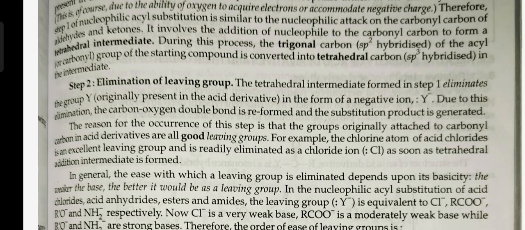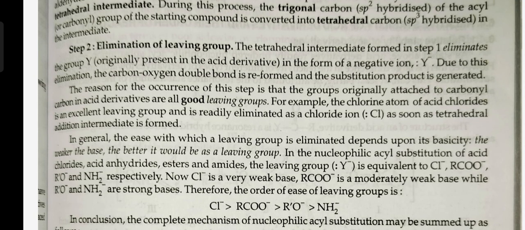The reason for the occurrence of this step is that the groups originally attached to the carbonyl carbon in acid derivatives are all good leaving groups. For example, the chlorine atom of acid chlorides is an excellent leaving group and is readily eliminated as a chloride ion as soon as the tetrahedral addition intermediate is formed.